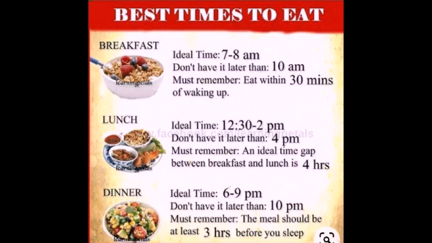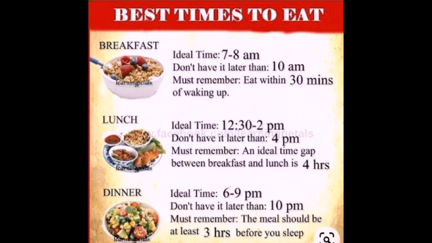And then lunch. Lunch timing is 12:30 to before 2 o'clock. See, usually in our school times we used to have our lunch exactly at 12:30, isn't it? So the same timing you should follow in your house also. Even in this lockdown, you should not skip your meals or take them at wrong timings. I have shown you one slide before, isn't it?